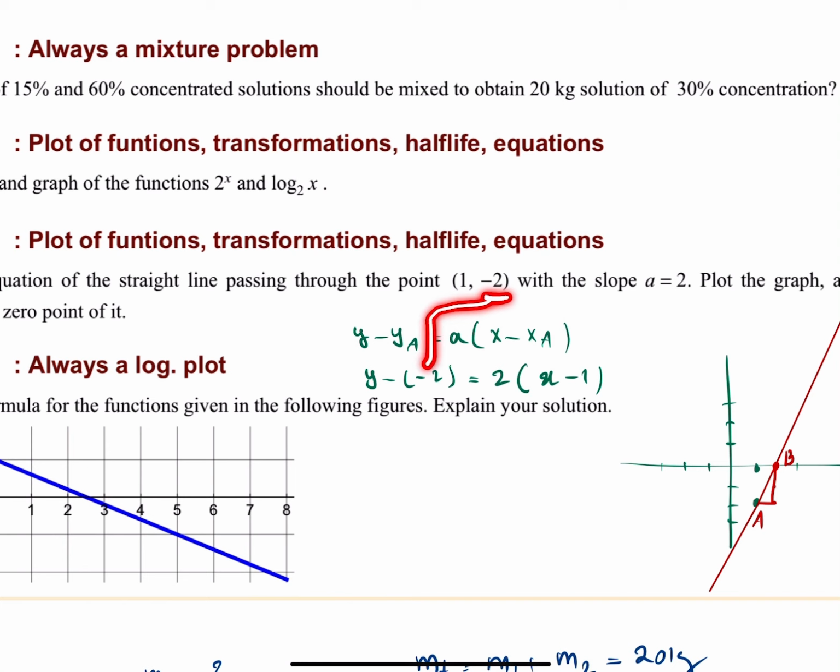Minus 2 I put here because of y, x minus 1 here, and A is 2. Now I can simplify this equation. y plus 2 equals 2 times x minus 2, and I send this to the other side, and it will be y equals 2x plus 4.